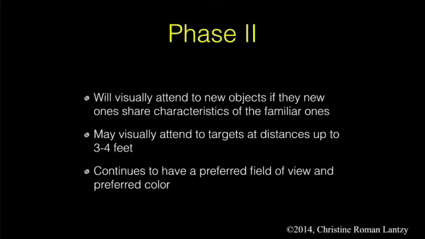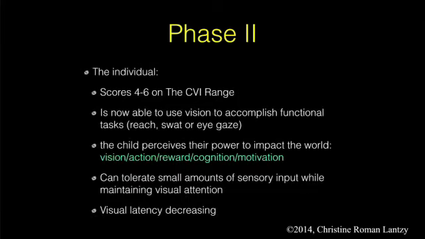That individual who scores up to 7 on the range is now able to use vision to accomplish some functional tasks, vision plus function. They perceive their power to now impact the world. So they're not simply using passive visual attention to wake up that visual system.